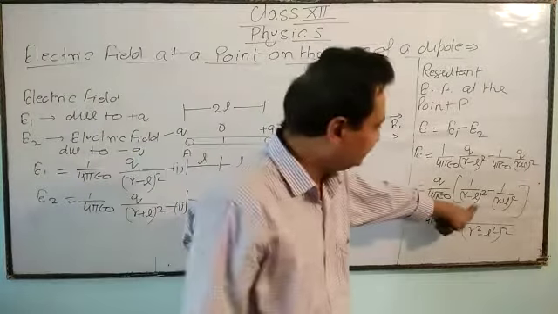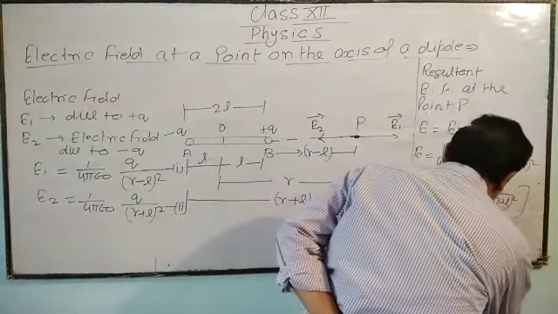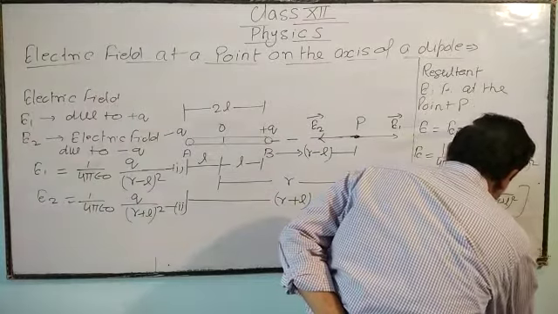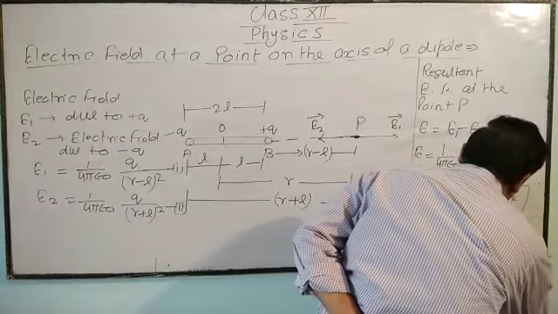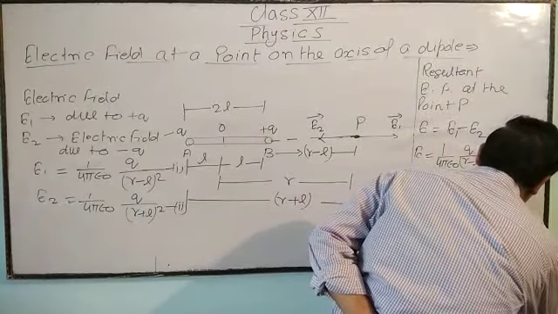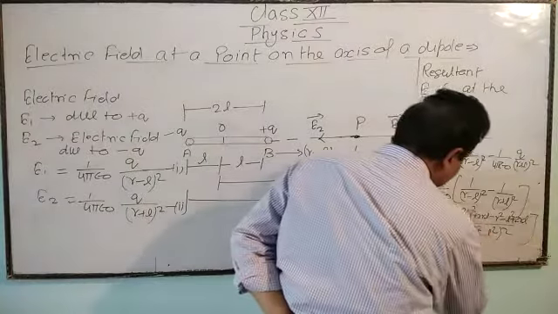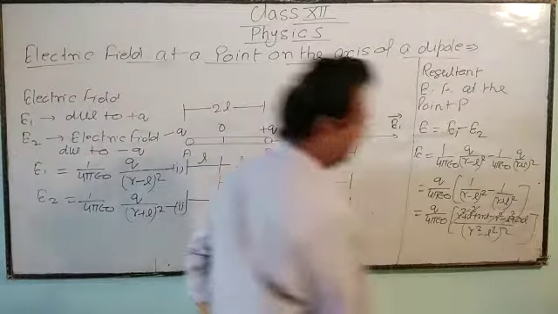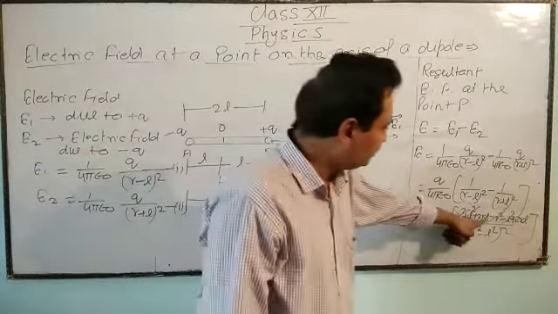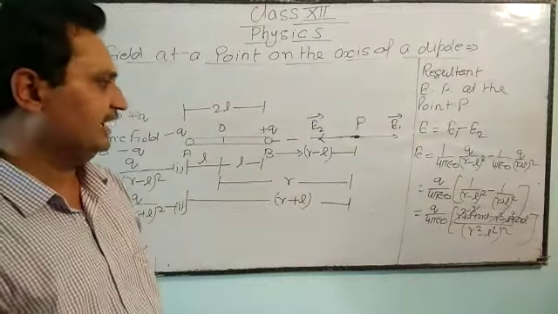This is the LCM of this expression. So solve this step: r square plus L square plus 2rL minus r square minus L square plus 2rL, bracket closed. r square and L square cancel. So 2rL and 2rL is 4rL.